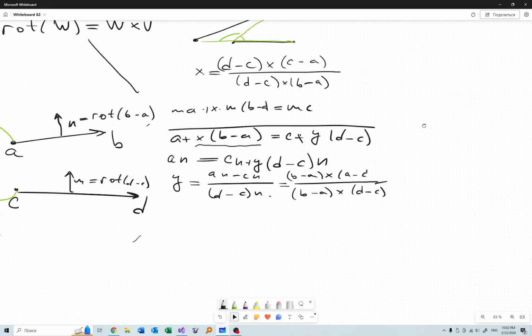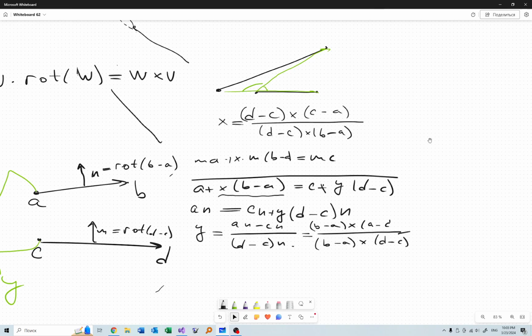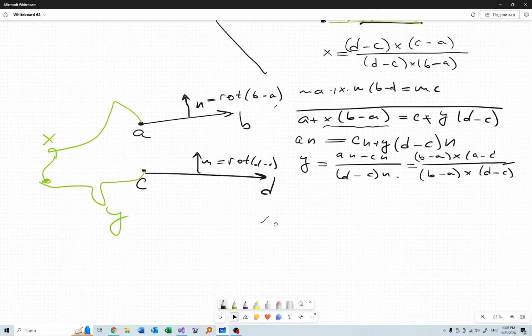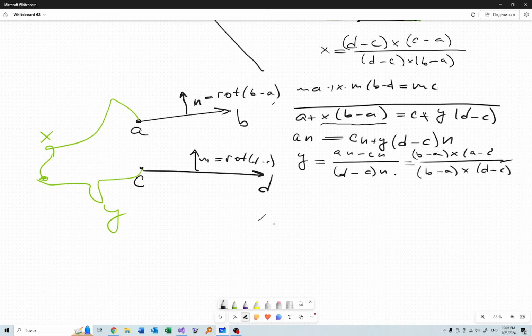Unfortunately, it is not the end, because not only do we need to calculate x and y, we also need to calculate the point. So the point becomes quite simply a plus (b minus a) times x. Yes, so we need to take a plus (b minus a) times this strange formula.